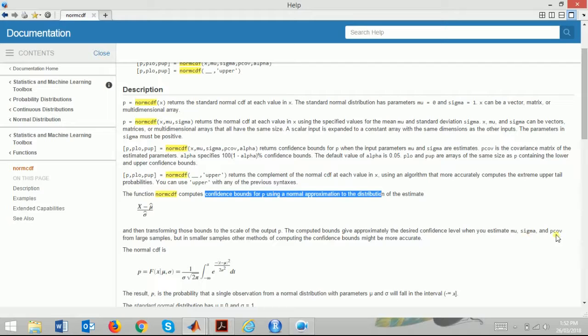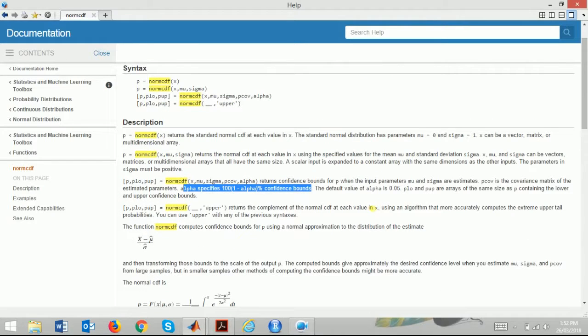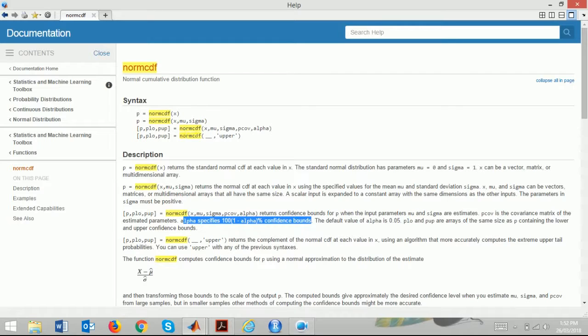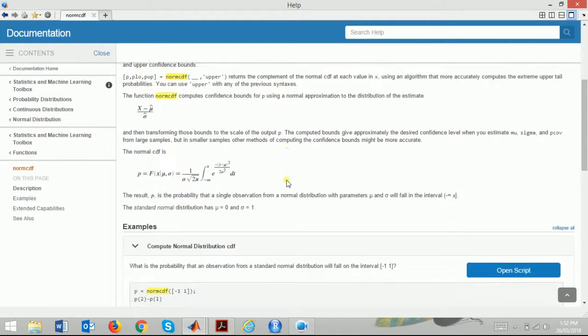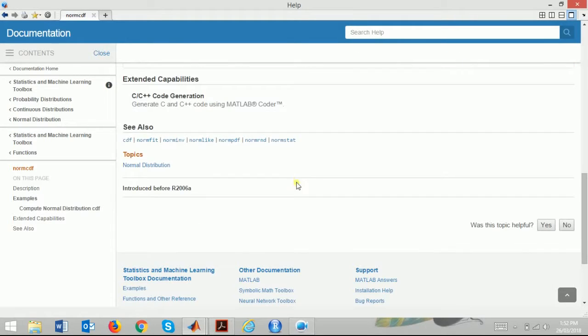So when you have a high sample size and you want to estimate mu, standard deviation, and variance-covariance, the covariance matrix of the estimated parameters, and alpha gives you the confidence bounds. This allows you the confidence bound for your variance actually.